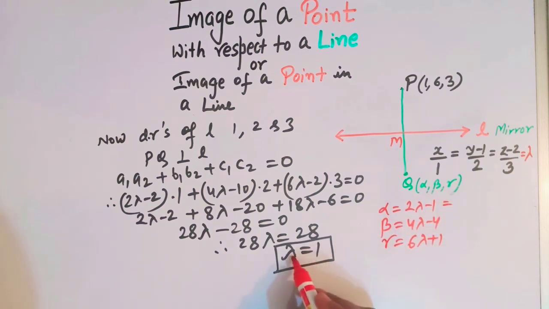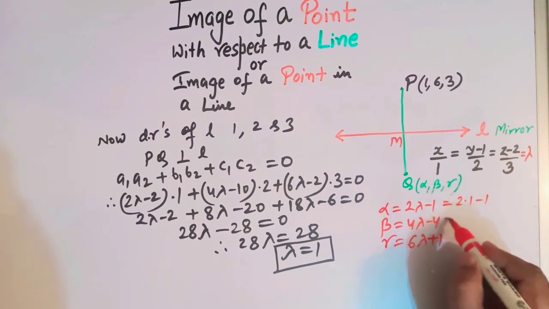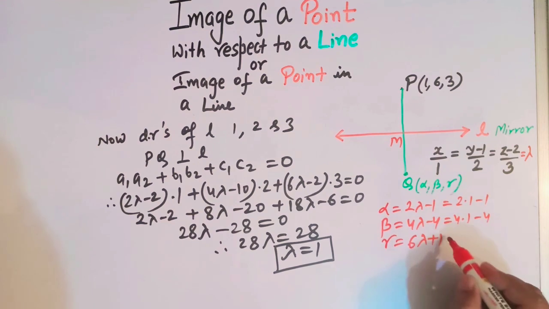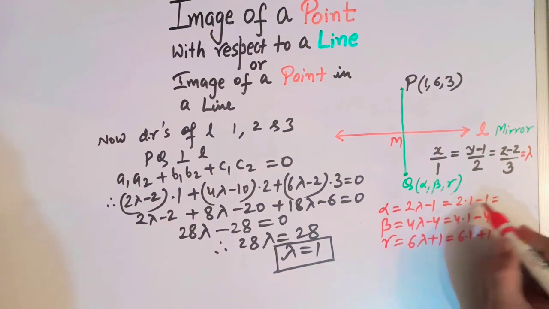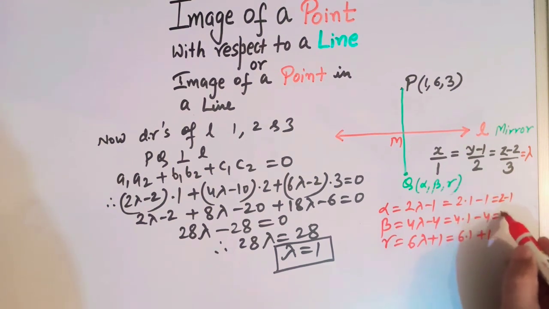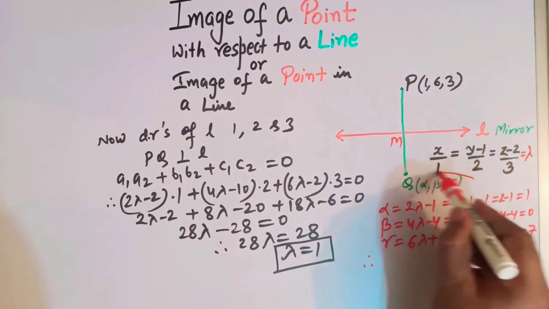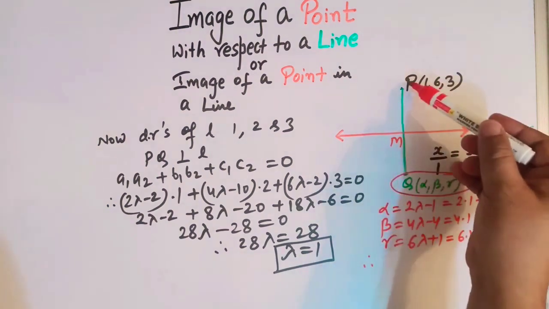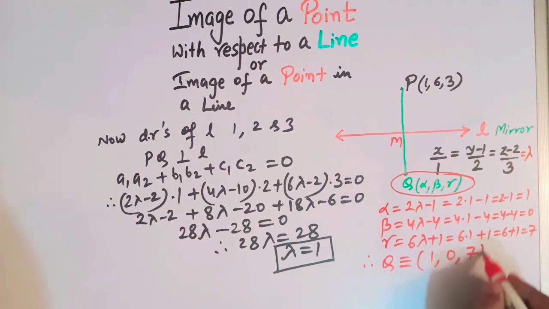If we substitute this value of lambda here, we get 2 times 1 minus 1, 4 times 1 minus 4, and 6 times 1 plus 1. So this is 2 minus 1, 4 minus 4, and 6 plus 1. So this is 1, this is 0, and this is 7. Therefore the image of this point P has coordinates 1, 0 and 7, right?